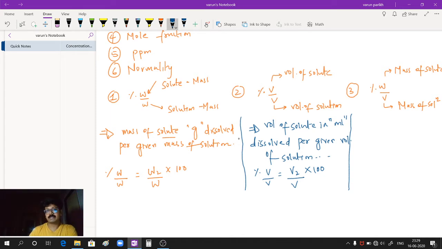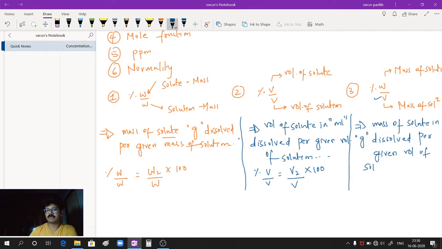So it is the mass of solute in gram dissolved or present per given volume of solution.